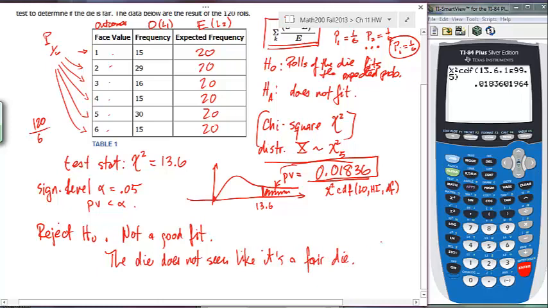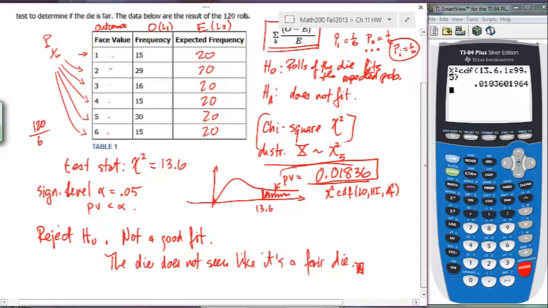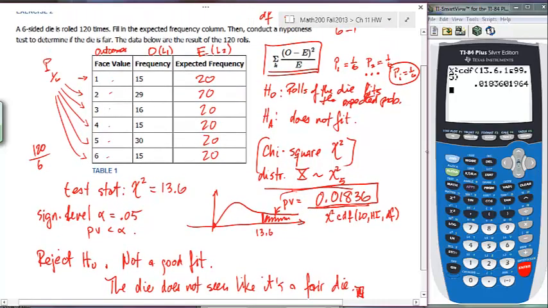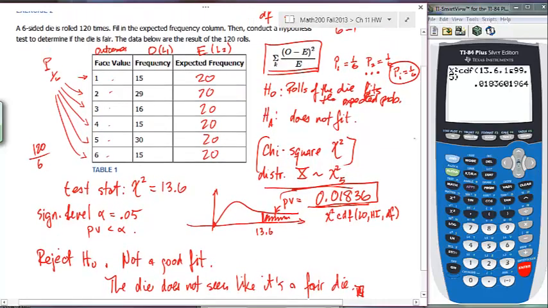And I think that's about all we can say about this particular problem. And we were able to reject the null hypothesis.